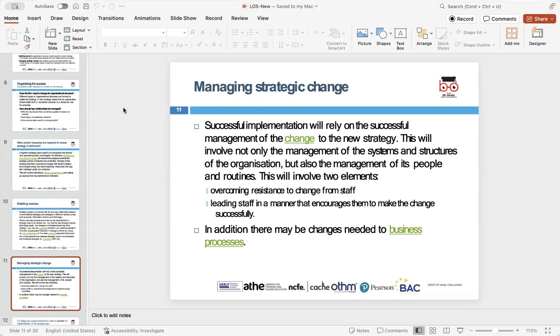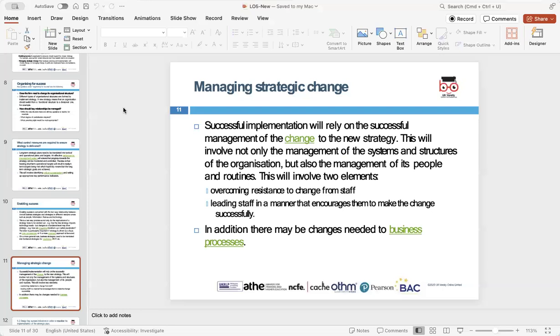Okay, managing strategic change during strategy implementation. Successful strategy implementation requires careful management of organizational change. When transitioning to a new strategy, it is not only the systems and structure that need to be managed, but also the people and routines within the organization.